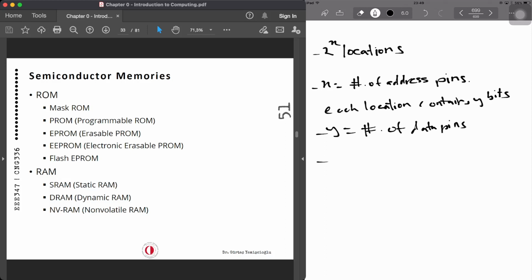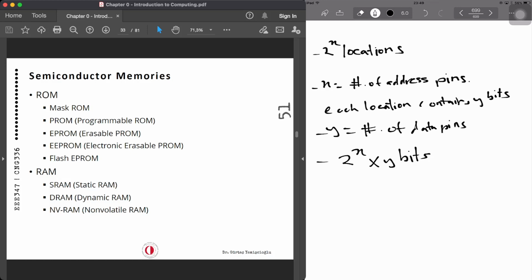And in the end, the entire chip will contain 2 to the power x times y bits, where x is the number of address pins and y is the number of data pins.